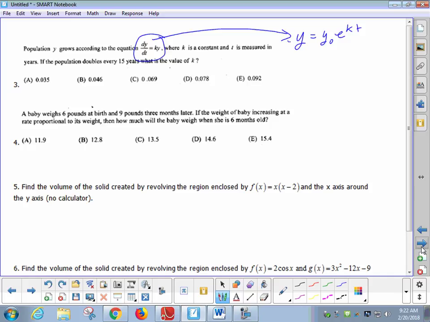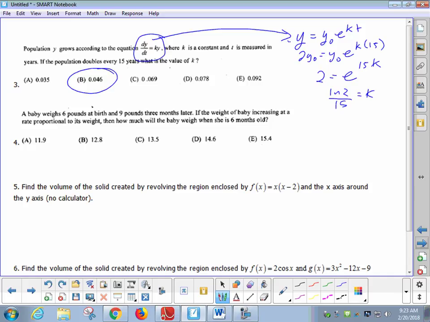Then you would say population doubles every 15 years, maybe 2 y initial equals 1 y initial every 15 years. That then is 2 equals e to the 15k. K is the natural log of 2 over 15, which is answer B. Okay, did that one go okay?